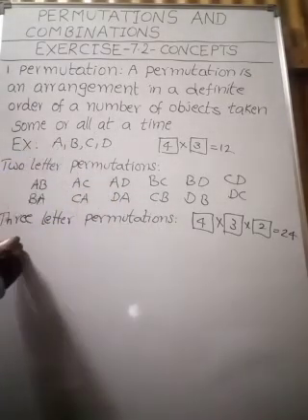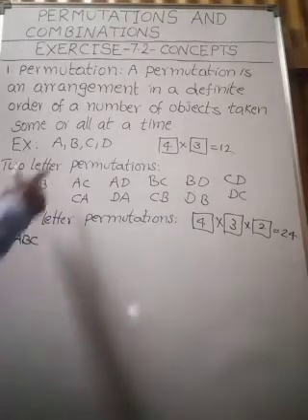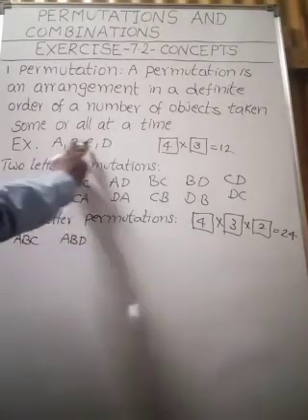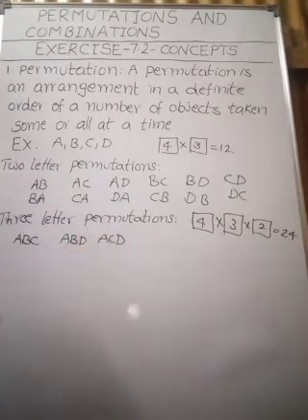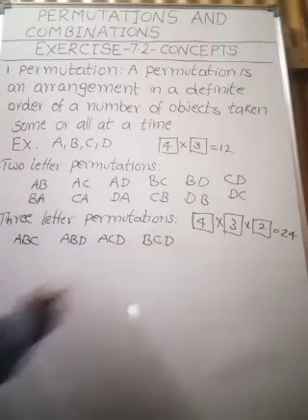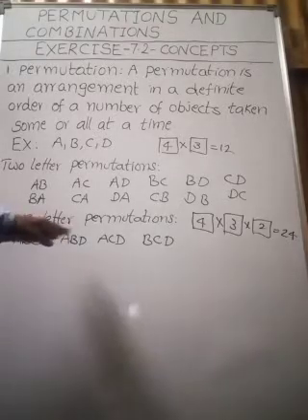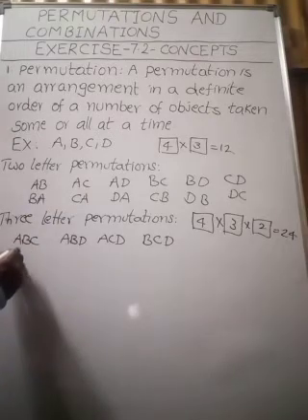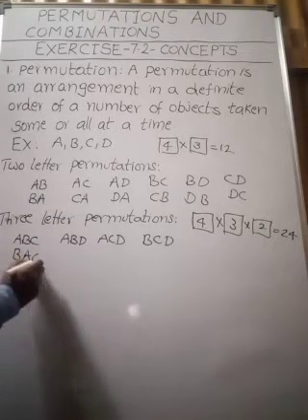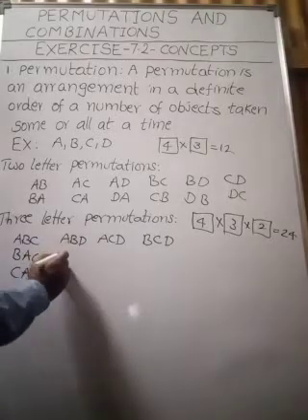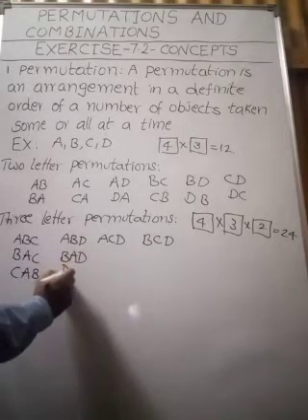Like this, ABC. Next, ABD. Next, ACD. Okay, my children. Next, BCD. Understood this line. If you rearrange these 3 letters, you can get BAC, CAB. Yes or no, my children? Next, similarly, BAD, DAB.